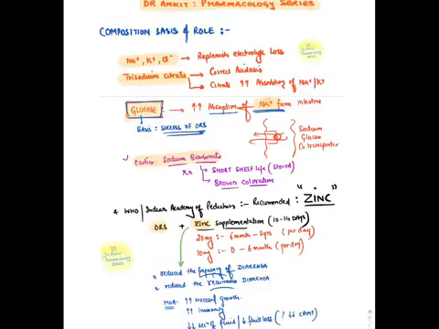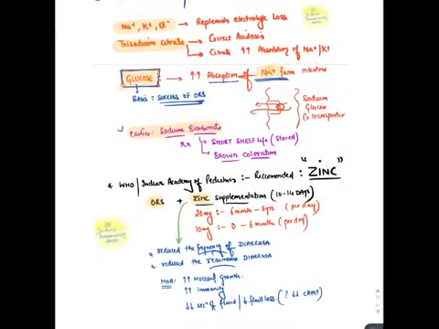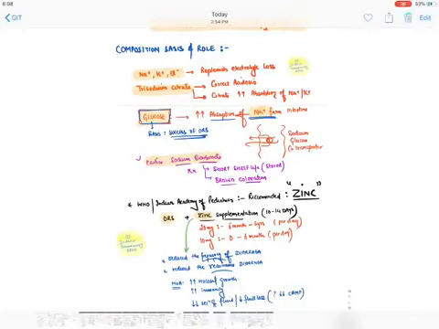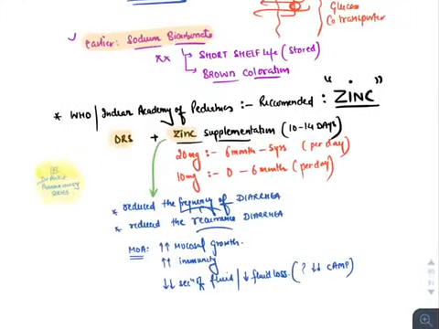Okay. Earlier, instead of trisodium citrate, we were using sodium bicarbonate, but it had a very short shelf life and it was turning the color of that solution brown. Okay. Nowadays, Indian Academy of Pediatrics also recommends adding zinc supplementation. Zinc is given in the dose of 20 milligram above 6 months and 10 milligram below 6 months of age.